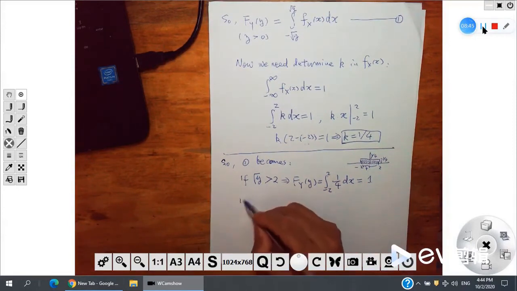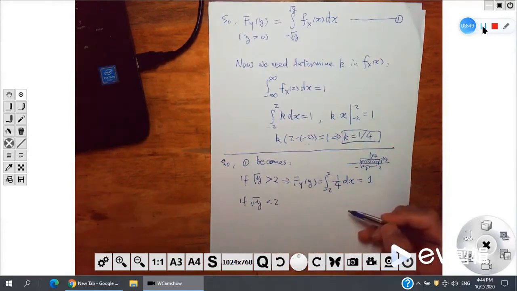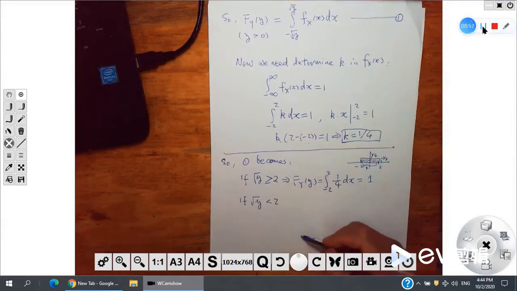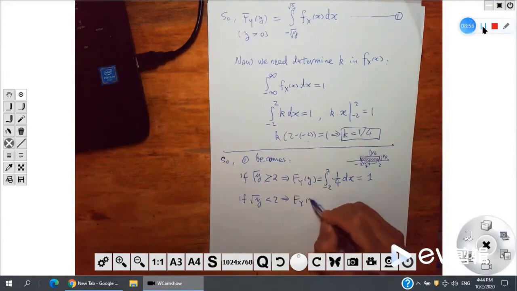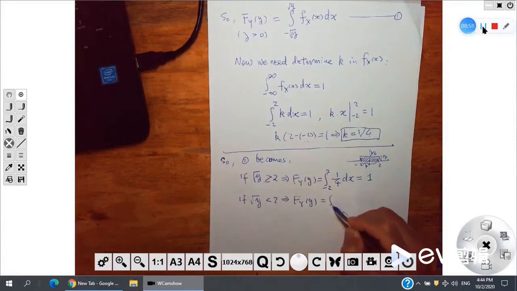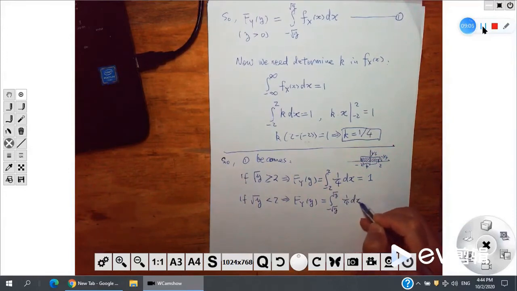And if the square root of y is smaller than 2, equal to is also in that part, then f_Y(y) will be equal to the integral from negative square root of y to positive square root of y of 1/4 dx.